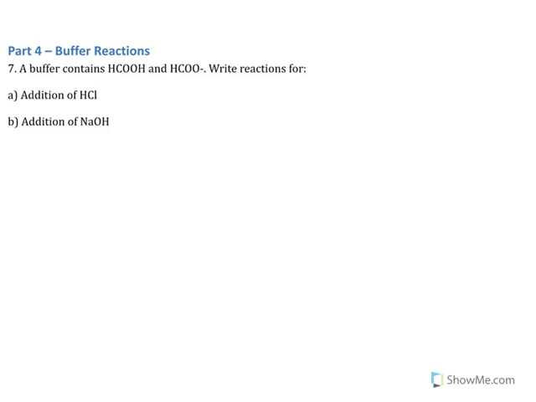Part 4 is taking this buffer and actually trying to think about the reactions that would occur if an acid or a base were reacted to it. So the easiest thing to do here is let's identify the pieces. We have HCOOH and HCOO minus. If you remember in class, we talked about this carboxyl group right here, this COO group, and we know that anytime you see this carboxyl group, it's going to act as a weak acid.